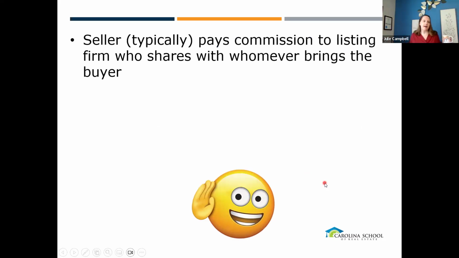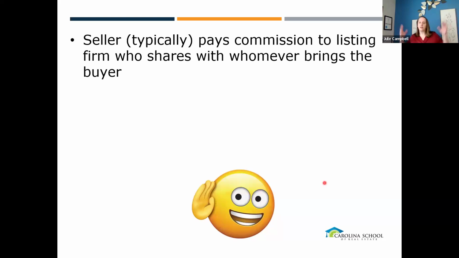As it stands right now, in a typical transaction, the seller pays the listing firm. The listing firm shares their commission with whomever brings the buyer. Now, this very well could change with that NAR settlement that we mentioned the first of the week. That thing is still pending. Nothing can happen until July.